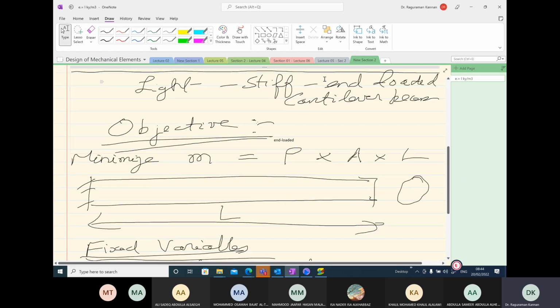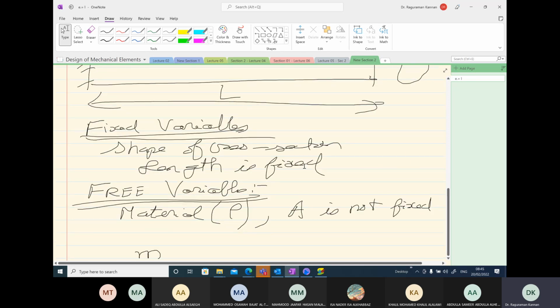Here, light, stiff. So we never talked about stiffness. What about stiffness? Is it a free variable or a fixed variable? Fixed. Let's assume it is not. We want a stiff beam. That means we want a high value of stiffness.